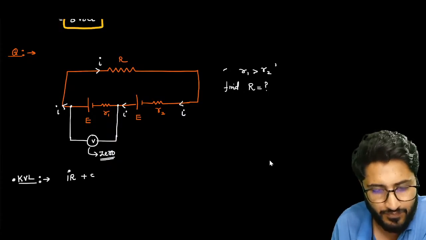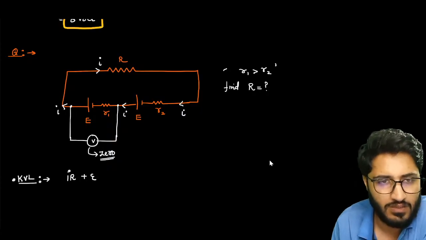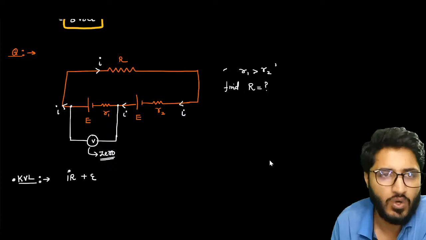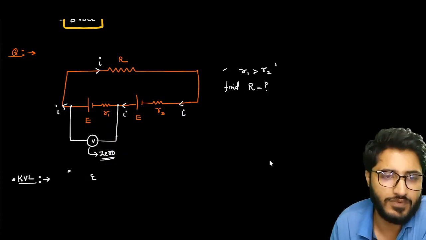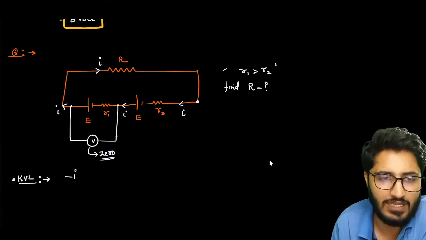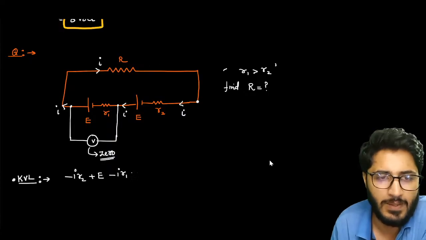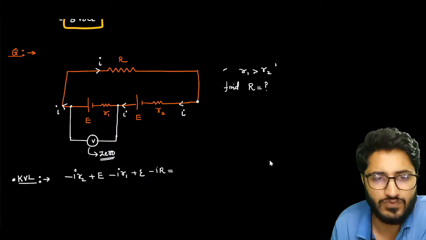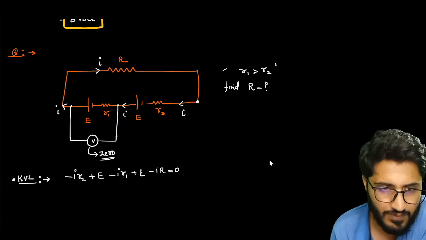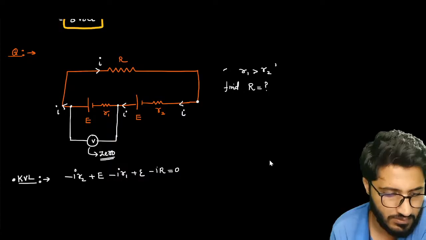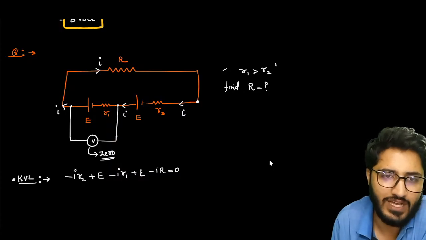Plus E. If we go like this, okay, we can do one thing now. We will start from this end. There is no issue, it will be easy for us. So it is minus I R2 plus E, then minus I R1 plus E, then minus IR equals 0. Current is going now. We are taking it like this now.